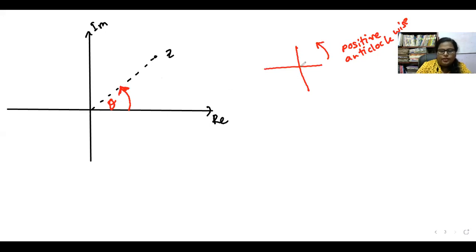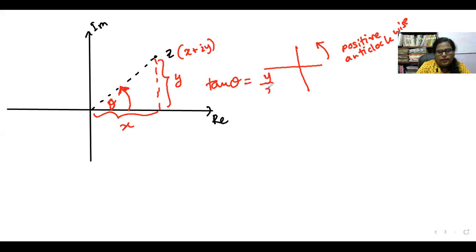If we take a complex number like x plus iy, this length is x and this length is y. So you can easily get tan theta as y over x. So we can take theta as tan inverse of y over x. This is the case, right?